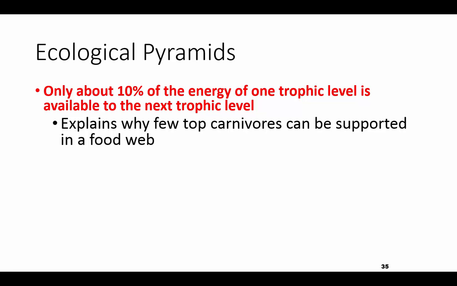You're only going to have one owl or one hawk, not 10 owls and 10 hawks, because they're not going to get enough energy to survive. You're going to have more at the primary consumer level than at the secondary and tertiary consumer levels.